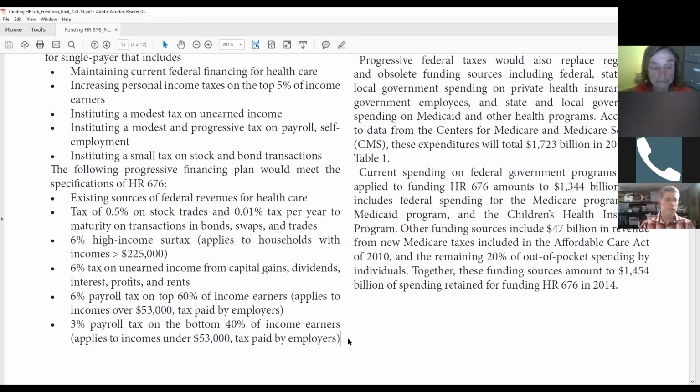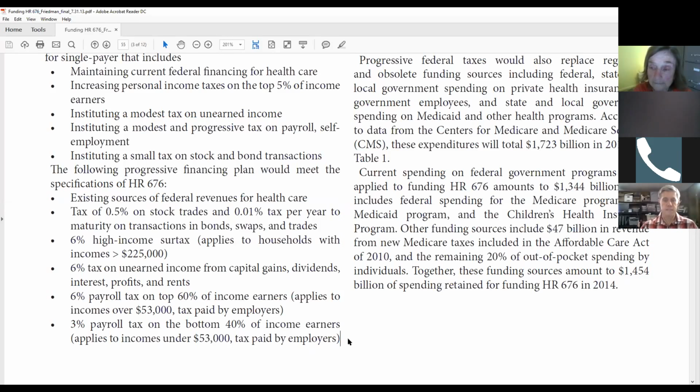If you have any unearned income, so business income, capital gains, dividend taxes, rent income, etc., there will be a 6% tax on all of that unearned income, regardless of your total earned income. For individuals that have a very high income, and this is incomes over $225,000 per year, there is a 6% high income surtax.